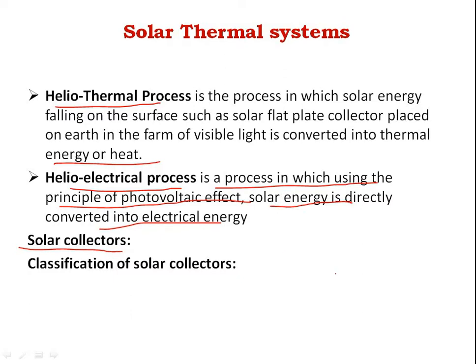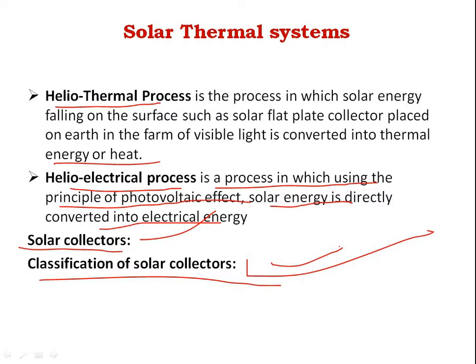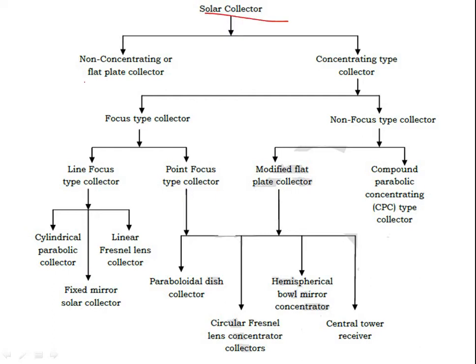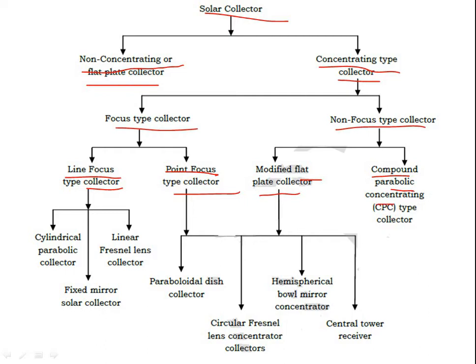Next we will be discussing the classification of solar collectors. You all can see in this slide the solar collector: non-concentrating or flat plate collector, and concentrating type collector, which is focus type or non-focus type. Under focus type, there are line focus type and point focus type collectors, and under non-focus, modified flat plate collector and compound parabolic concentrating type collector.